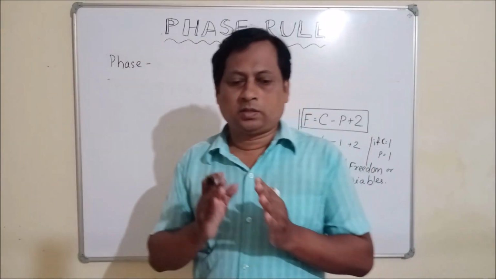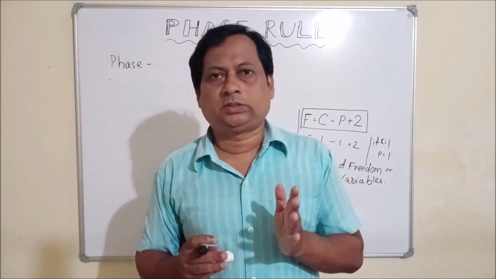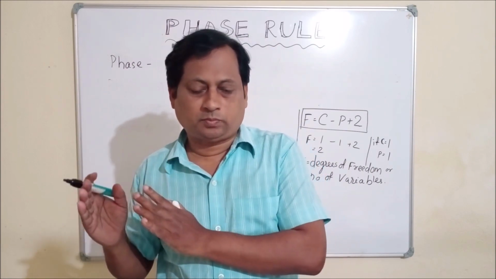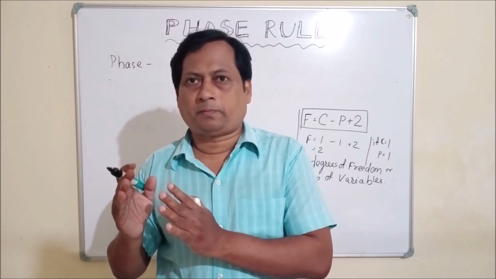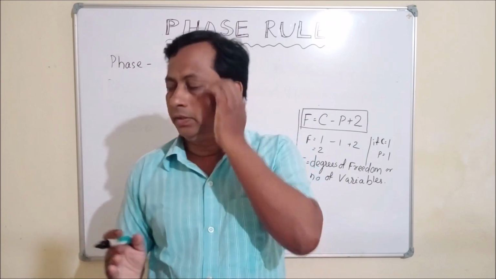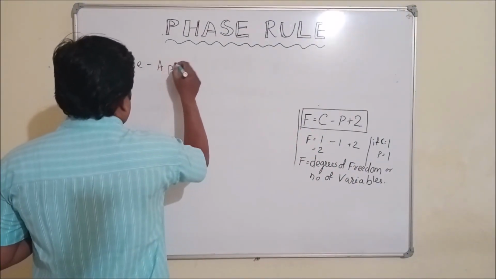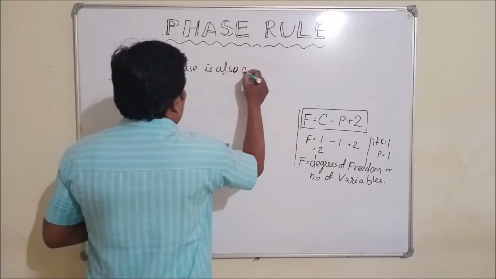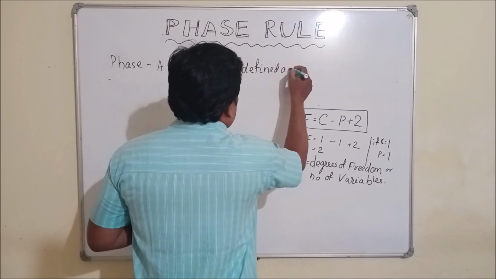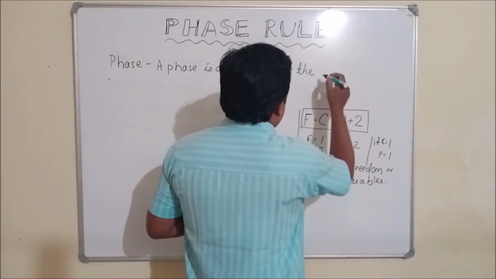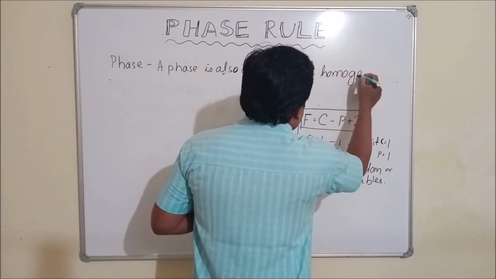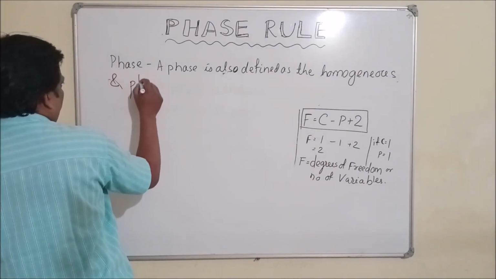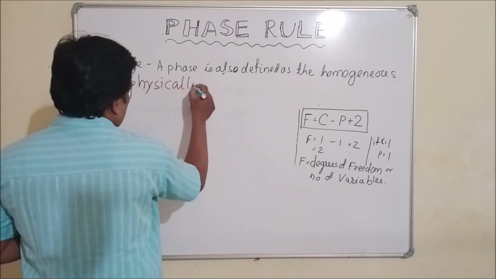Phase is defined as a homogeneous and physically distinct part of a system which is separated from other parts of the system by a definite surface boundary.